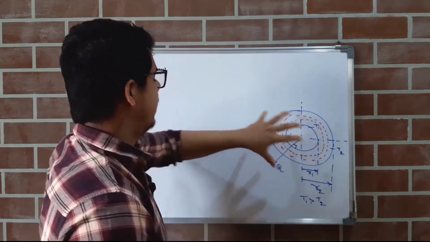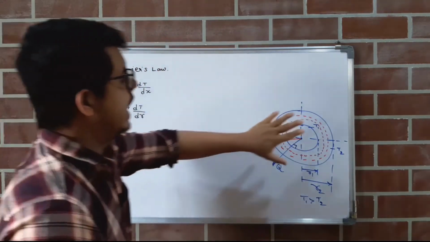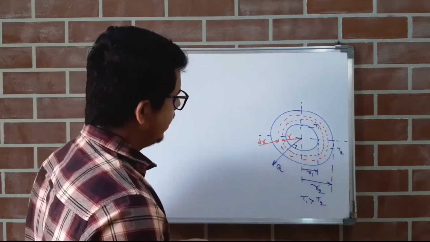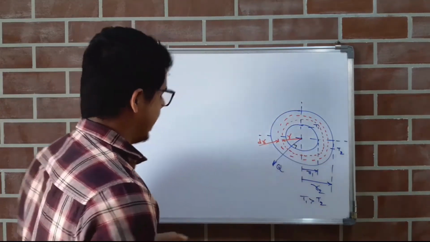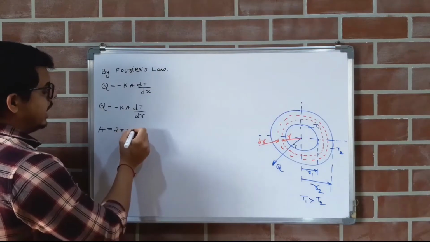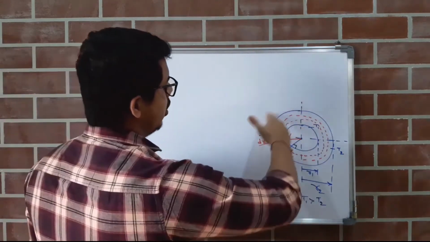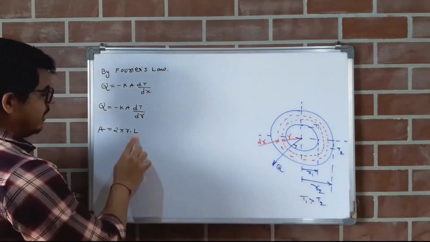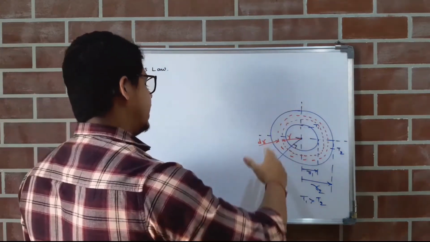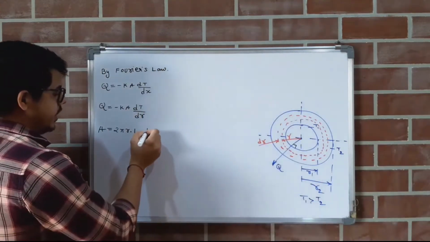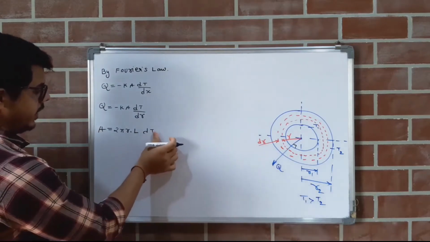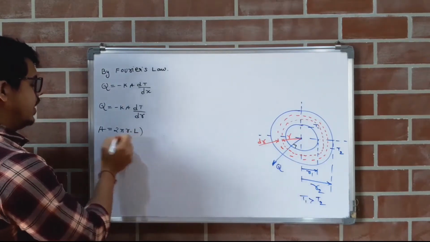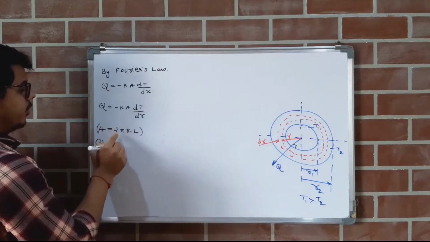We are first applying all our derivation on the elemental hollow cylinder. So what will be the radius of the elemental hollow cylinder? It is r. So the area is 2 pi r into L, where L is the length of this hollow cylinder, and L will be the length of the elemental cylinder also. We are writing the formula for A only. Now we will put this formula in the above equation.